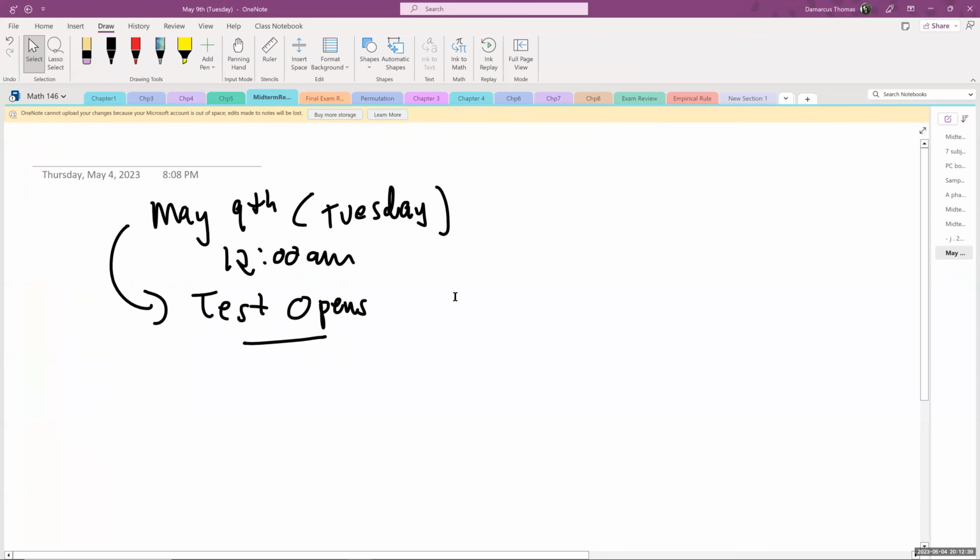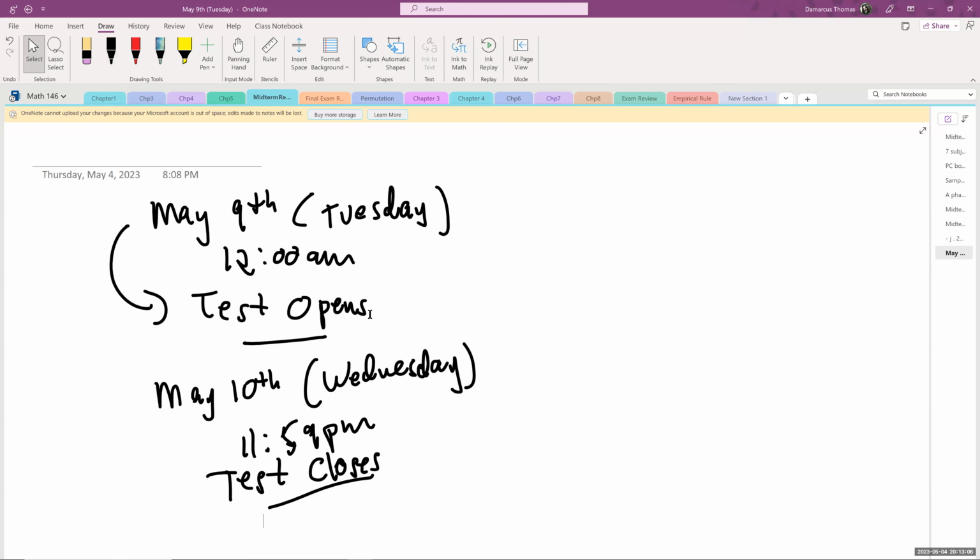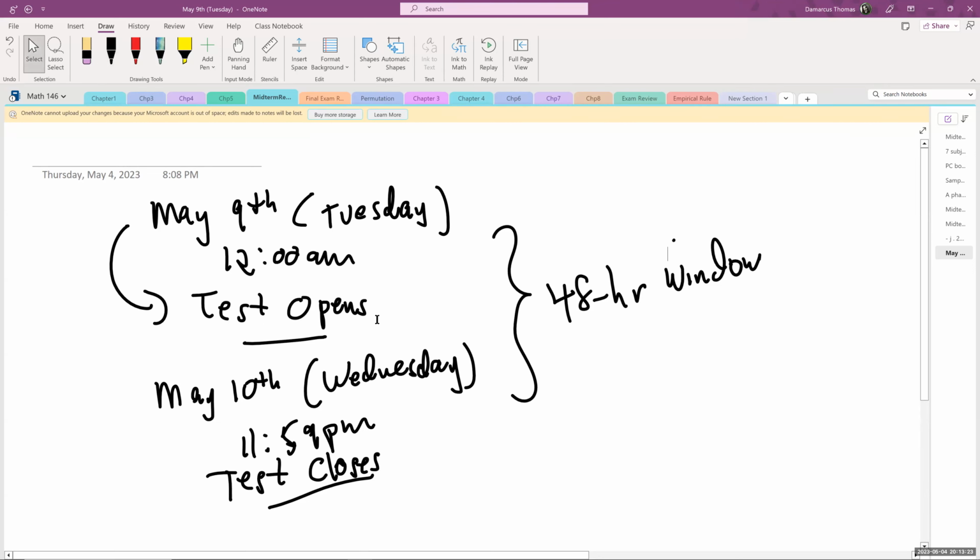On May 10th, just as you would expect, the test closes, and this is happening right at 11:59 p.m. So we get this 48-hour window, and within that 48-hour window, you can take it just one time.